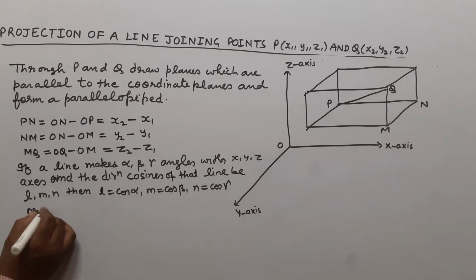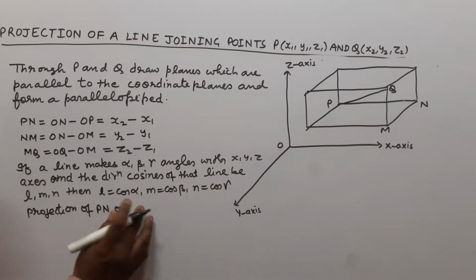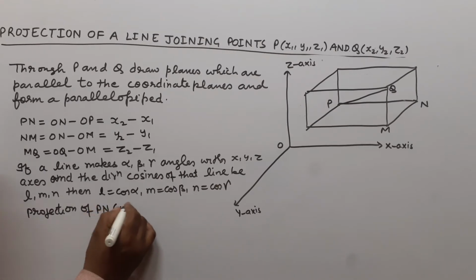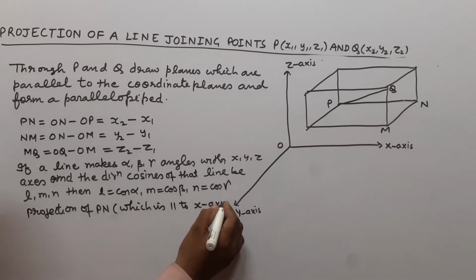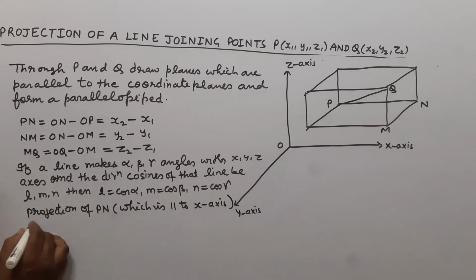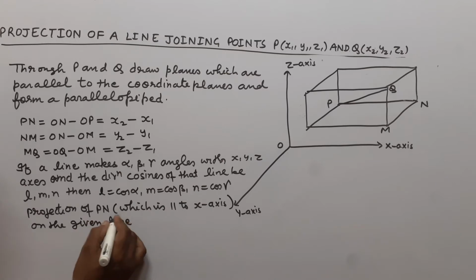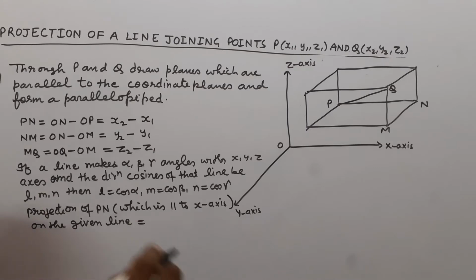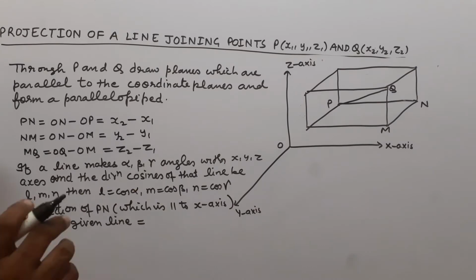So we know that the projection of any line on a given line can be written as AB cos theta, where theta is the angle between the lines AB and CD.